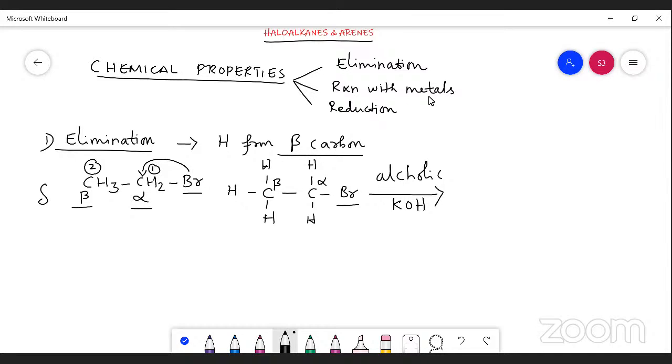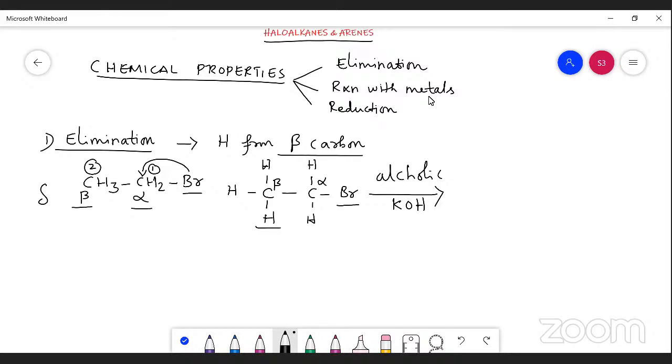This is called the elimination reaction. In the same way, from the beta carbon having 3 hydrogens, you take any one hydrogen.